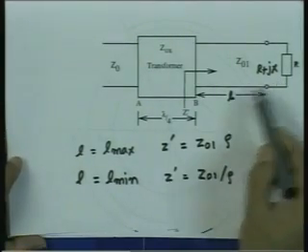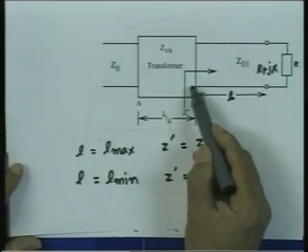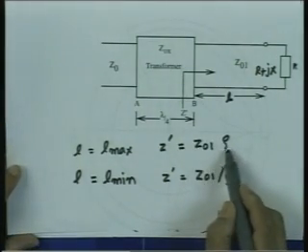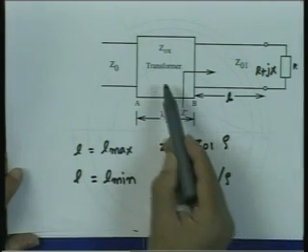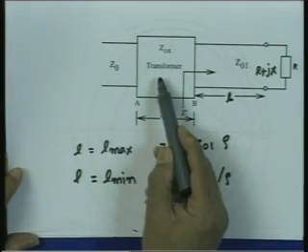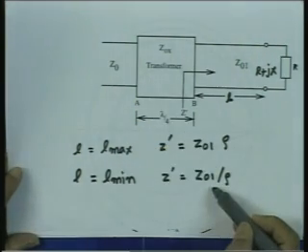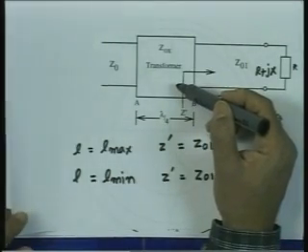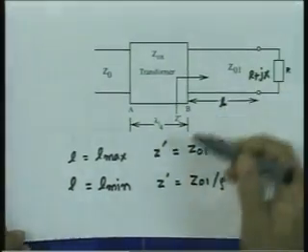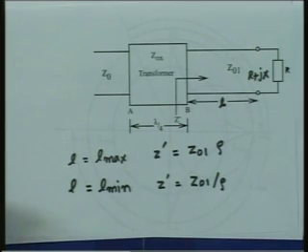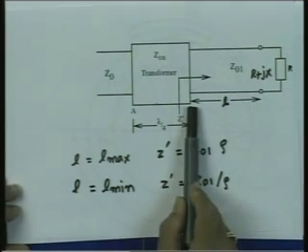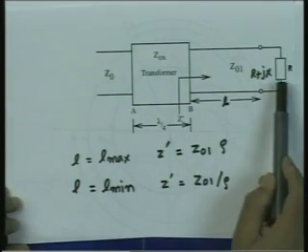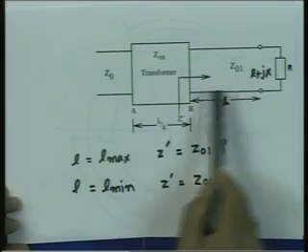If I take the transformed impedance here, which is Z01 times rho, then I get some characteristic impedance value for a transformer. If I take this value, I will get another characteristic impedance value for a transformer. So, this problem has two solutions depending upon what length you choose for transforming this impedance to a real value.